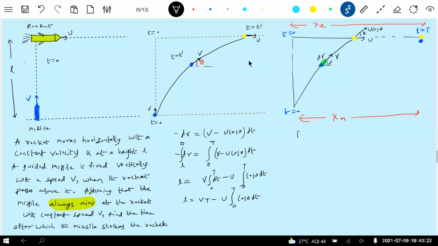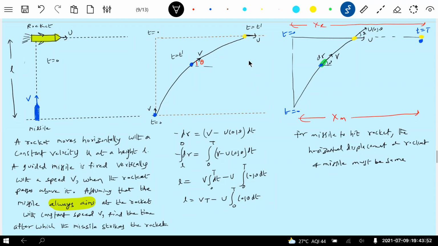What is the condition for the missile to hit the rocket? The horizontal displacement of rocket and missile must be the same.